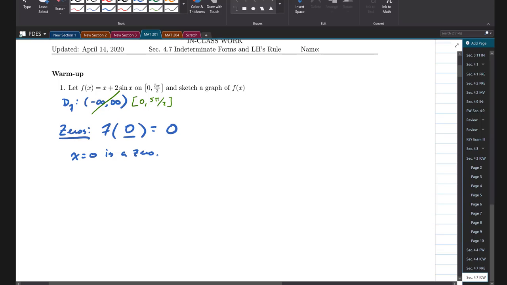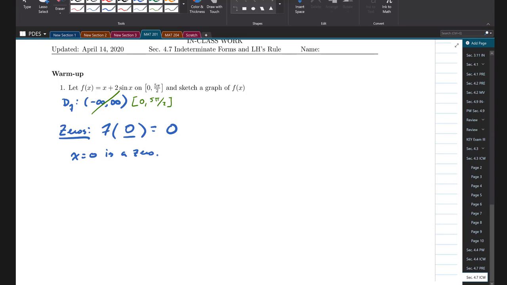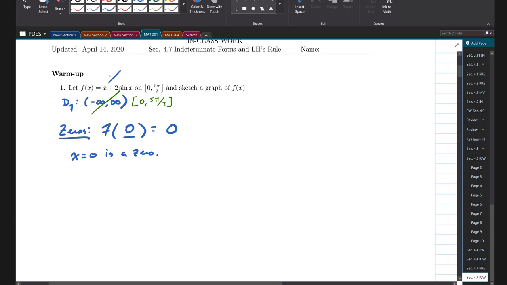Folks, now that I'm thinking about it, I'm going to make a new question for people later on. You can actually use calculus to show that there's only 1 zero to this problem. But another way you could, at x equals 0, both this function, x, is increasing, and this function, 2 sine x, is increasing.